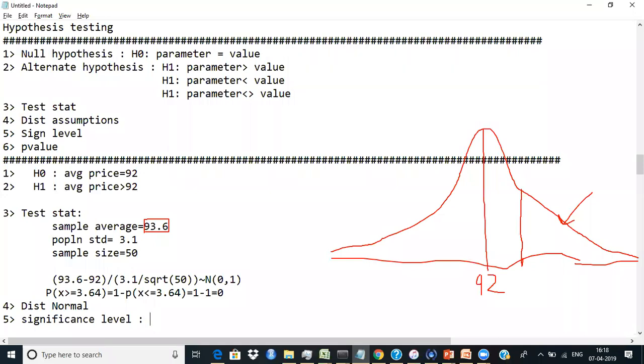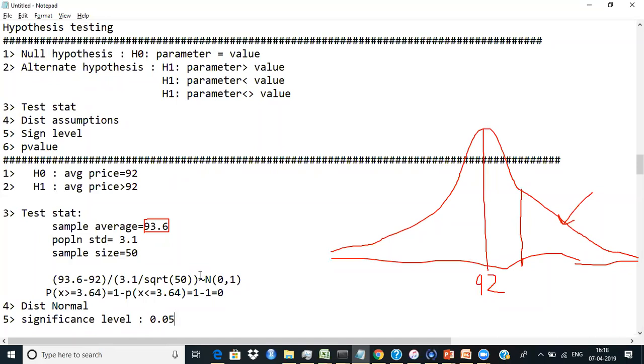Significance level is usually taken as 0.05 or 0.01, so it is either 5% or 1%. For now, in the context of this course, we will always use 5%. So forget about 1%, we'll always use 5%. So whenever the probability is less than 5%, we will reject the null hypothesis.